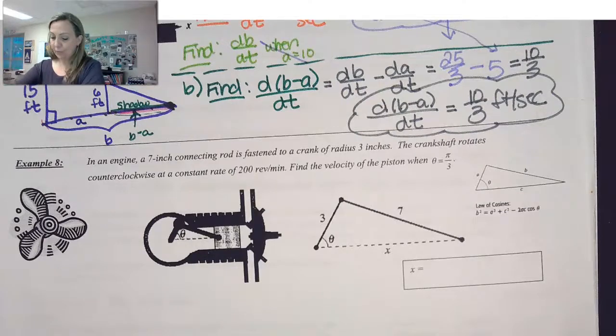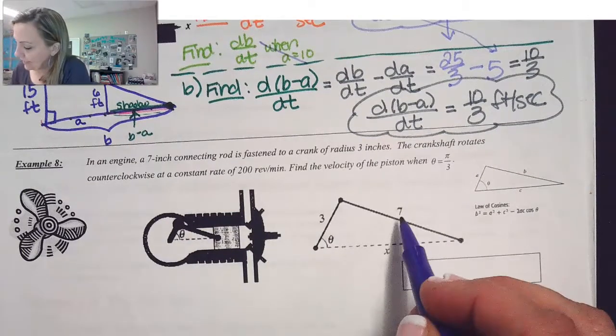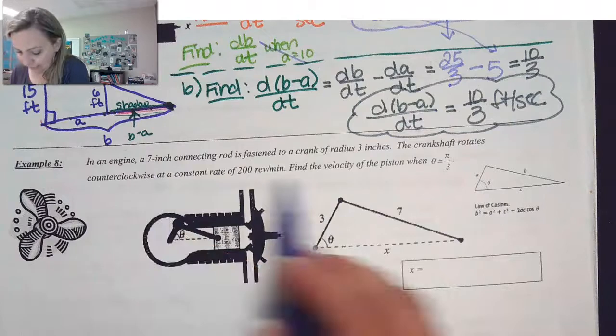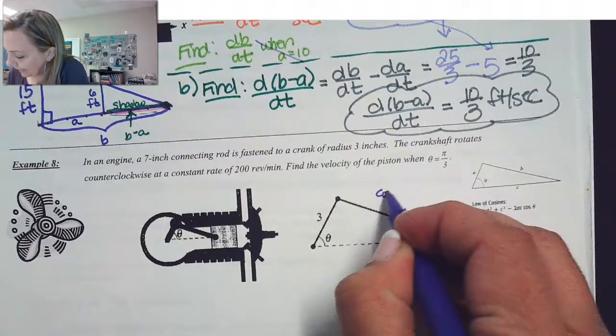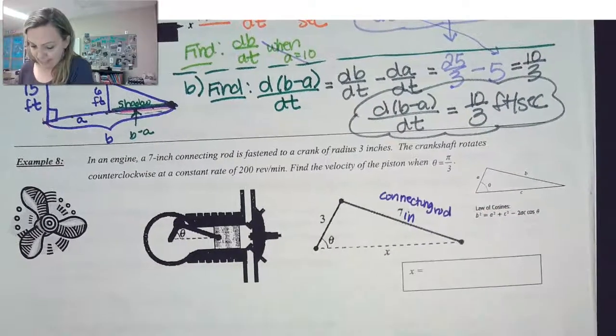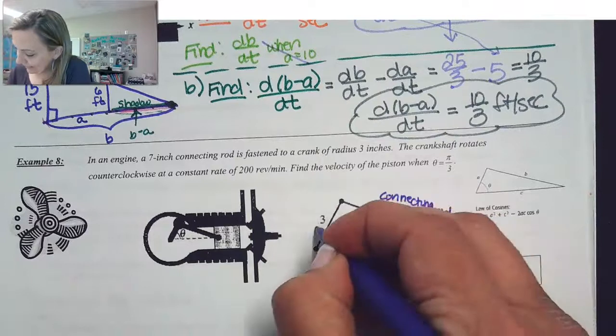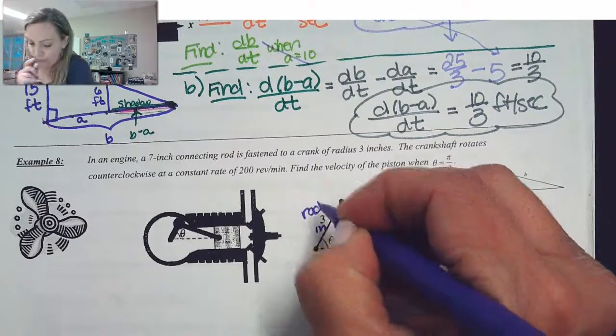Okay, so here is our picture. I'm not going to draw another one this time because we don't have lots of room. But here we have our picture, and notice it says that we have a 7-inch connecting rod. So here is our connecting rod that is 7 inches. And then this is the crank with a radius of 3 inches.